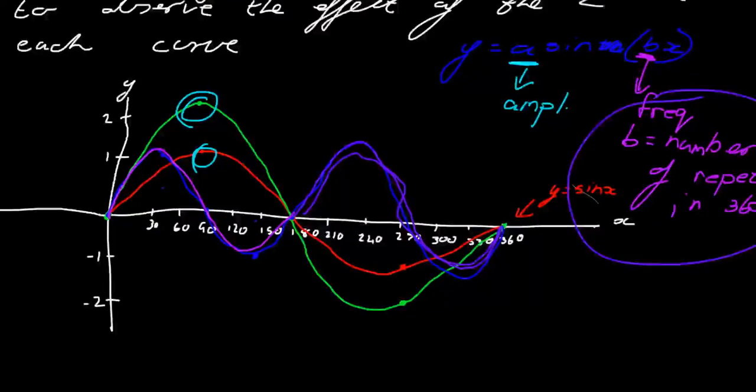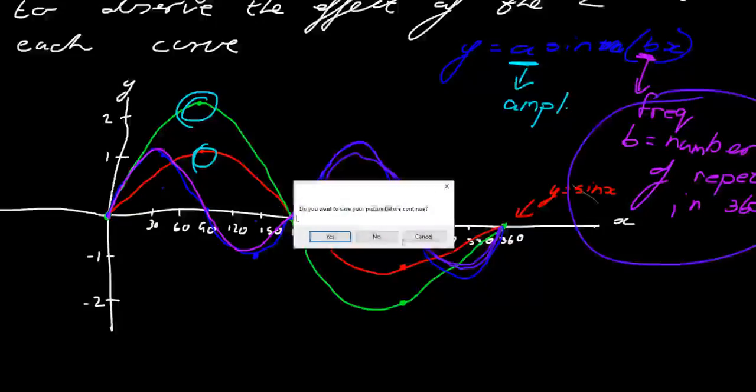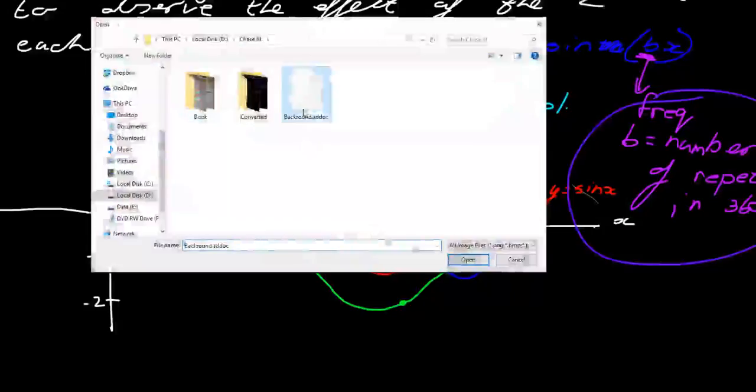Alright, so let me just get us a blank page here. They also talk about converting angles to radians on page 548. So I just want to show you that radians equals 2 pi times degrees over 360.